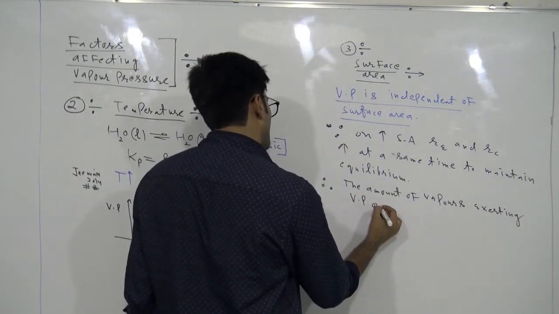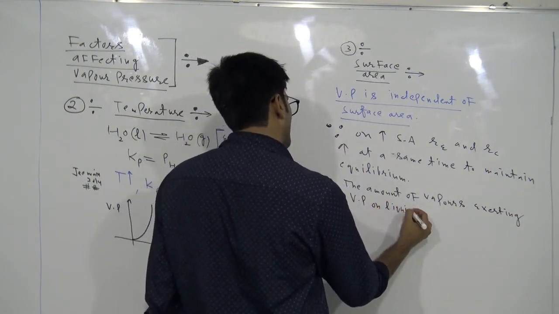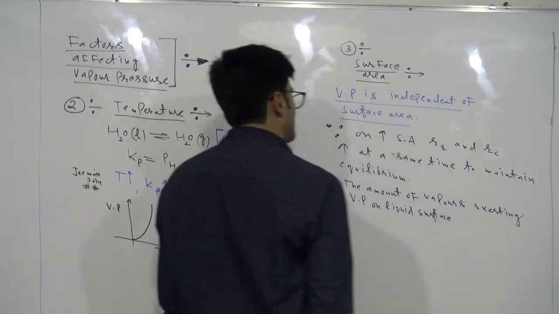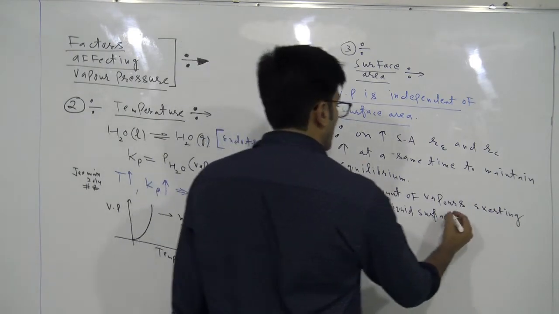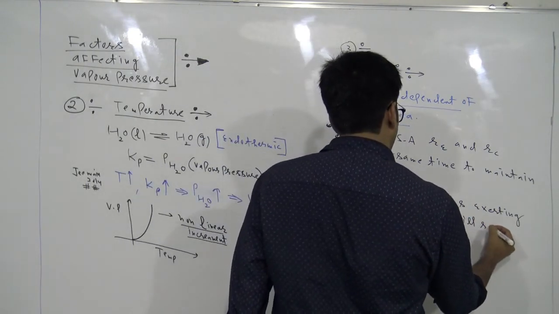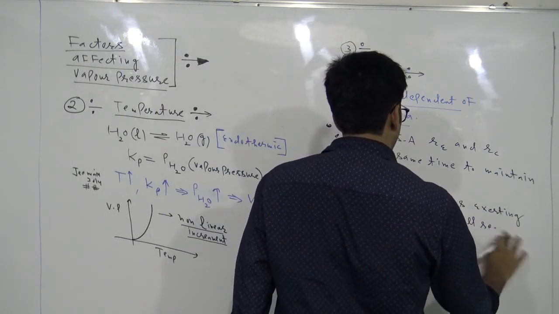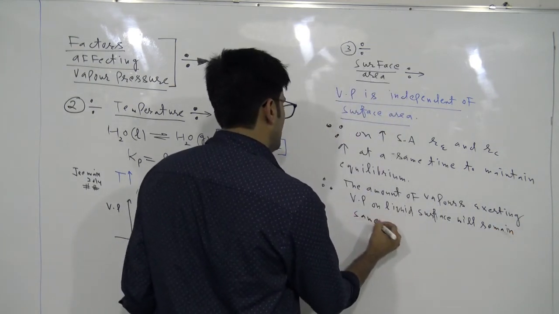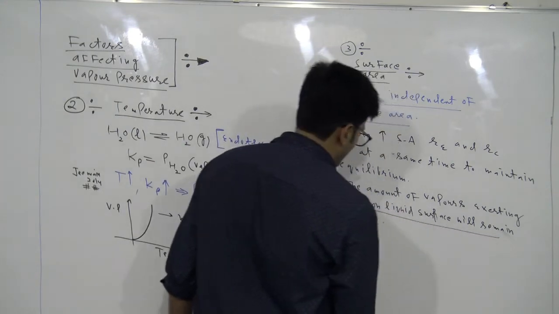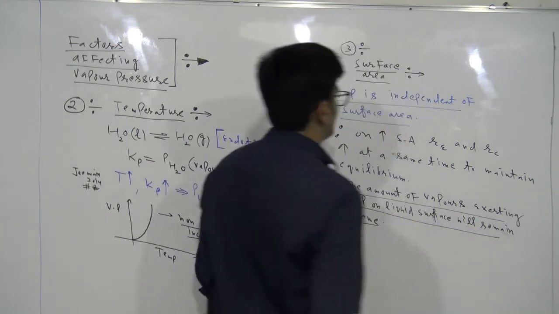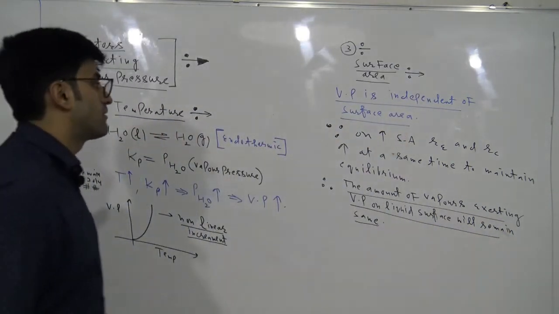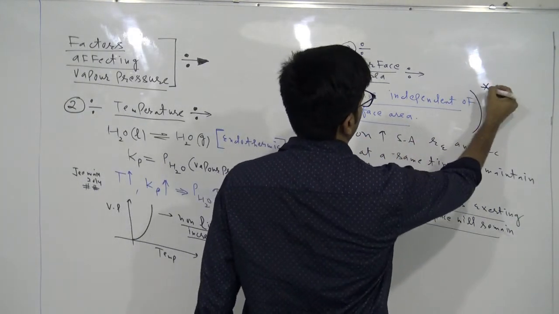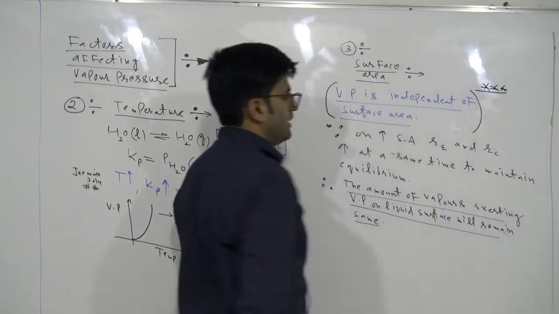Therefore, the amount of vapors exerting vapor pressure on liquid surface will remain same. Okay, so this is the explanation for that. Right? So please keep in your mind that vapor pressure is independent of surface area.